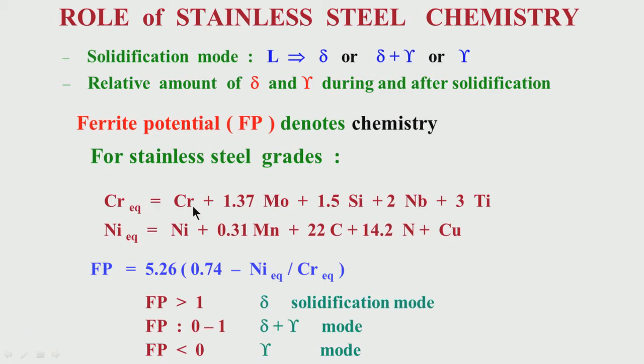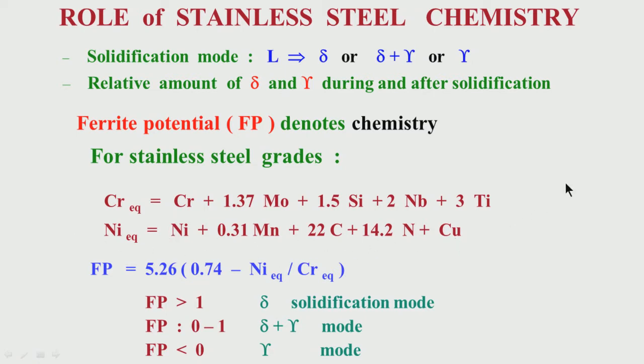See, actual chromium plus different factors: 1.37 moly, 1.5 silicon, 2 niobium, 3 titanium. These all stabilize ferrite, increasing the chromium equivalent. But look at the other elements, manganese, carbon, nitrogen, along with nickel of course, and copper. These are all austenite stabilizers, so they increase the nickel equivalent.